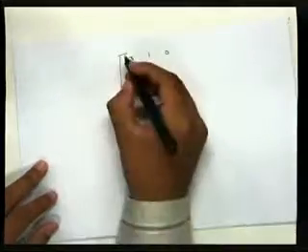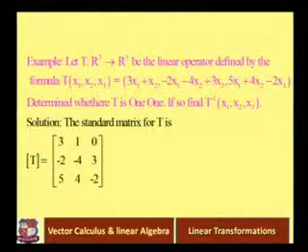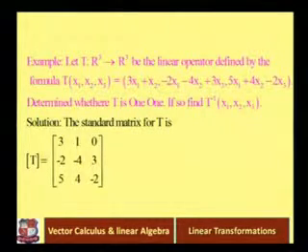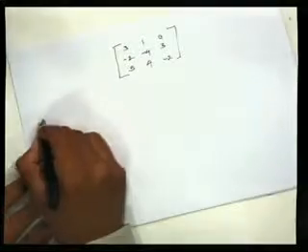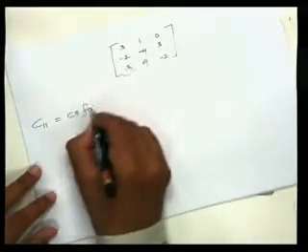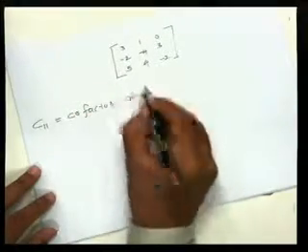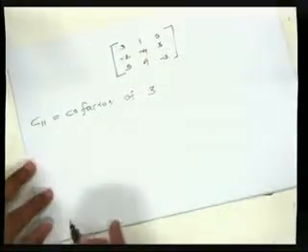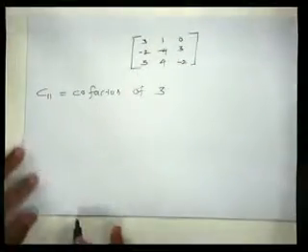Here is our matrix: 3 1 0, minus 2 minus 4 3, and 5 4 minus 2. First of all I want to find the cofactor called C11. Why is this C11? Because I want to find the cofactor of 3.